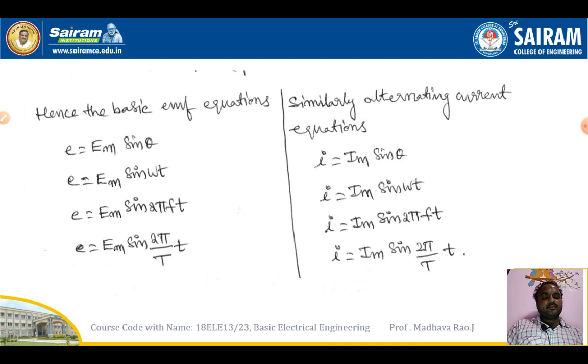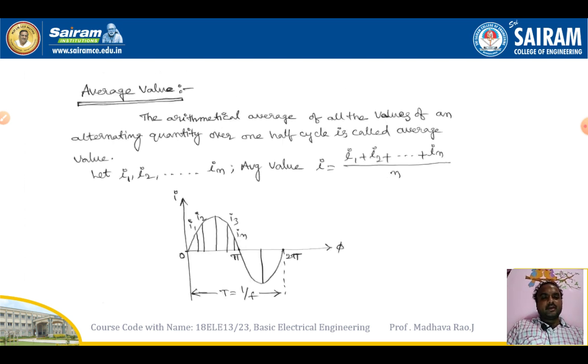In place of f, if you substitute 1 by T, i is equal to Im sin 2 pi by T into t. These are the different forms of induced EMF and induced current equations, which we will use while doing the problems.